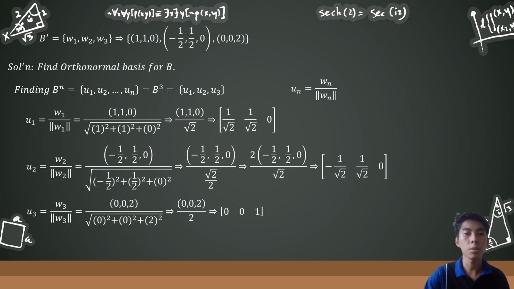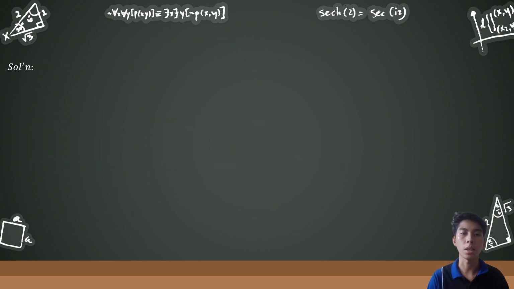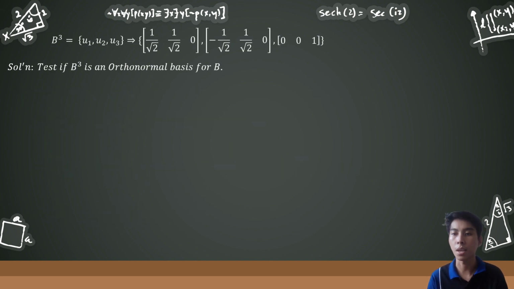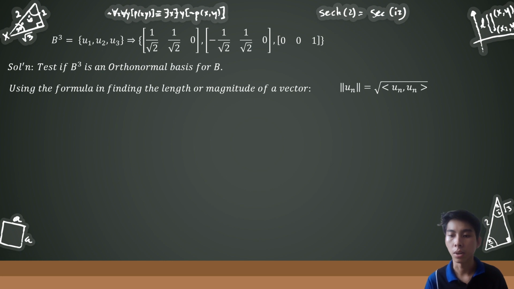Then next, since we now have the elements of the three vectors for b raised to 3, which are u sub 1, u sub 2, and u sub 3, we can now test if b raised to 3 is an orthonormal basis. How do we test if the vectors are orthonormal? We simply use the unit vector.